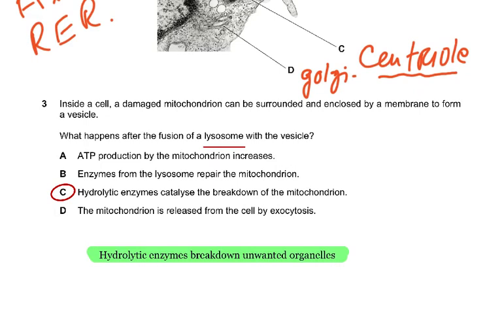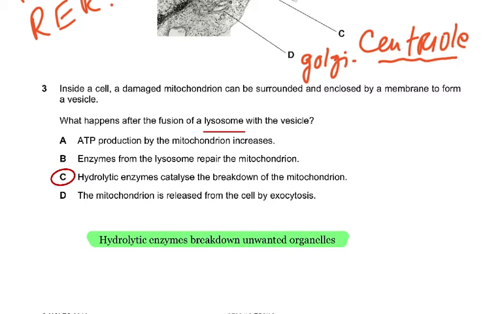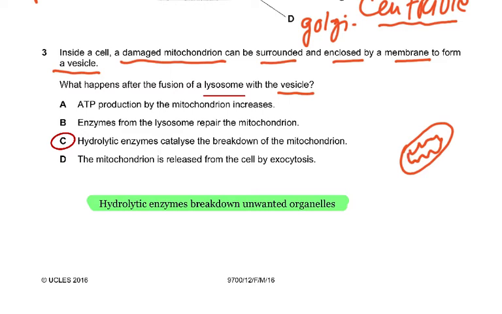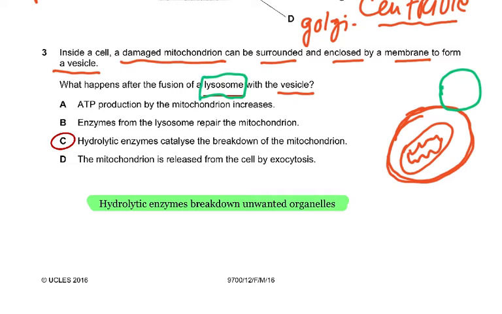Then we come on to question 3. Now question 3, inside a cell, a damaged mitochondrion can be surrounded and enclosed by a membrane to form a vesicle. What happens after the fusion of a lysosome with the vesicle? So this is the damaged mitochondrion, enclosed in a membrane, and this lysosome attaches to this vesicle.